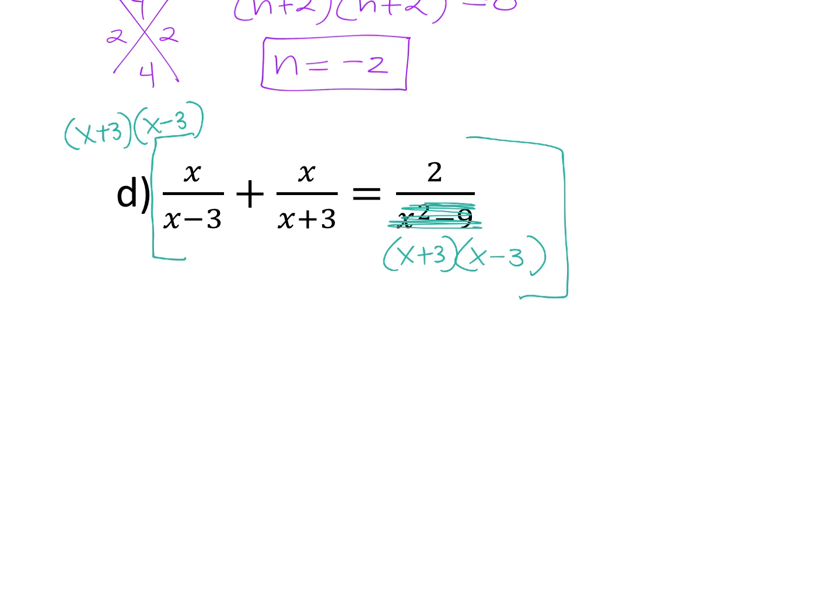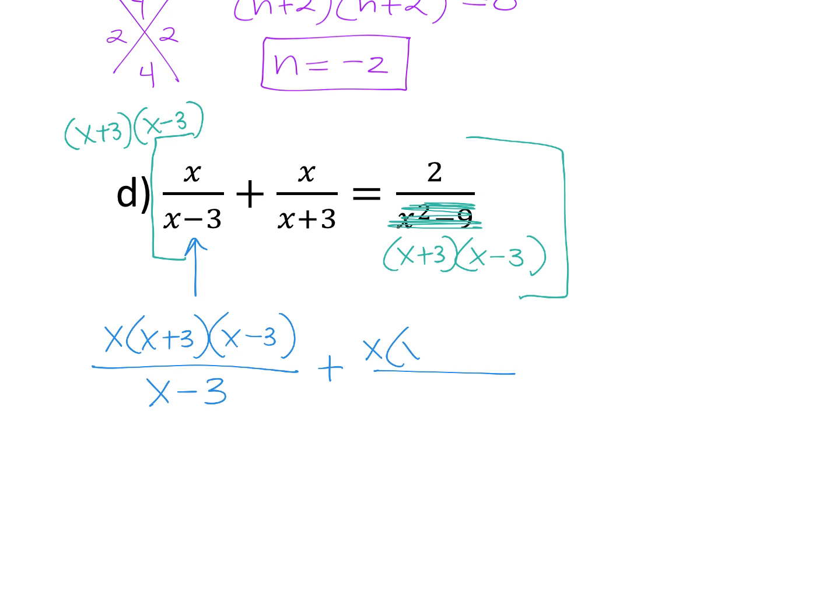Again, don't distribute right away, okay? It's going to be, for this first one, x times x plus 3 times x minus 3 over x minus 3. Notice our denominator is not changing, okay? Your second numerator is going to look exactly the same, x times x plus 3 times x minus 3 over x plus 3.